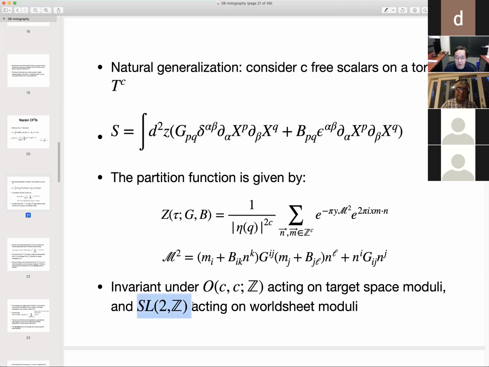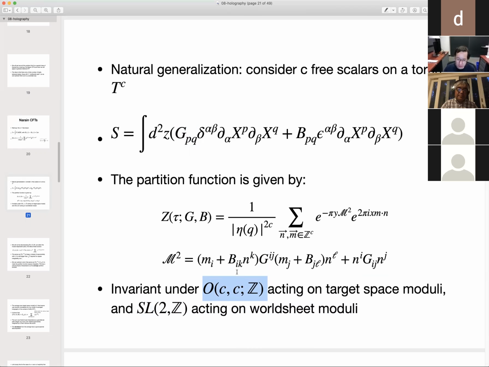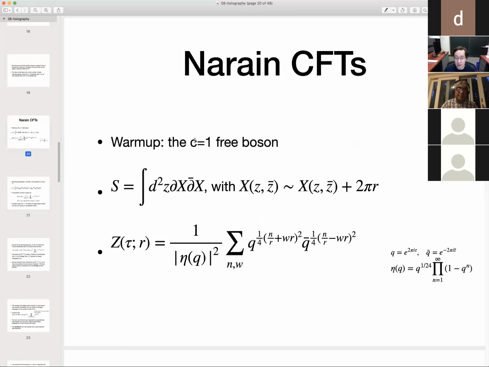So it's modular invariant, which means it has an SL(2,Z) symmetry acting on the worldsheet. And actually, if you take these matrices G and B, there's an interesting discrete group, called O(C,C;Z), which can act on it. This is a symmetry called T-duality. Roughly, it exchanges the momentum and winding vectors into themselves. The simplest version of this is in the C=1 free boson.